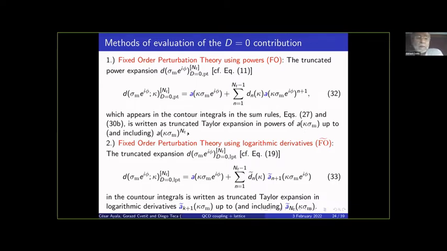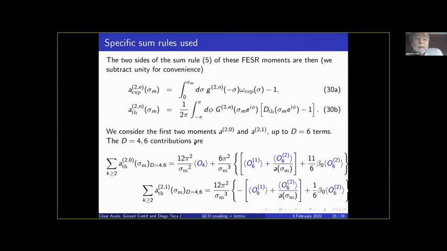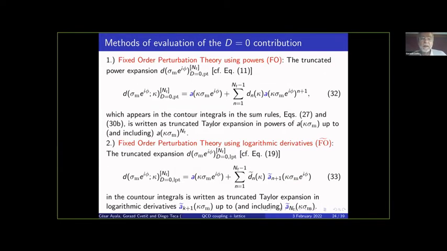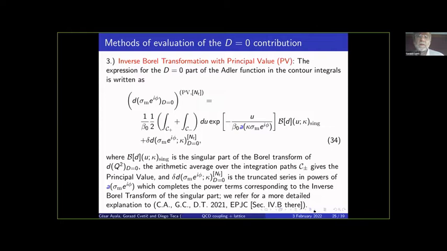Now we can also do another fixed order perturbation theory, using logarithmic derivatives of FO tilde, in terms of truncated series, and we Taylor expand these logarithmic derivatives around this point. The third way of evaluating the D0 part is using the inverse Borel transform, or Borel integral, with principal value, going above or below the real axis.